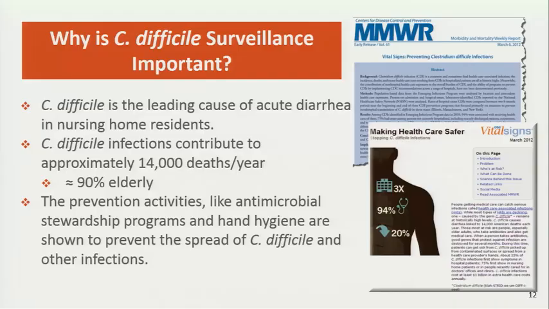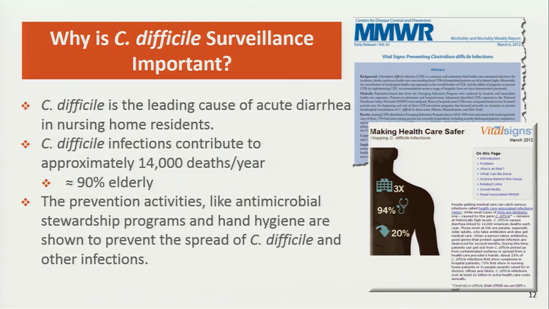We know why it's important in nursing homes. I think we all know that, so I can just skip the slide, right? Advanced age is one of the most important risk factors for C. difficile. It is the leading cause of diarrhea in our nursing homes. It contributes to approximately 14,000 deaths each year, with about 90 or more percent in the elderly, greater than 65 years.